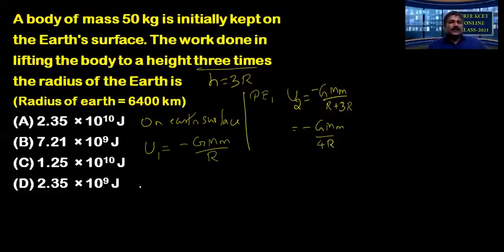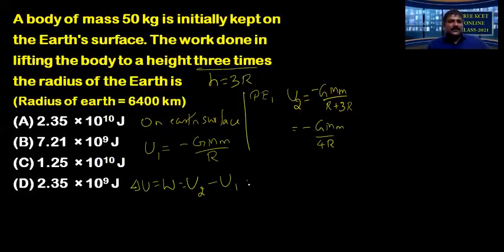Now work done by work energy theorem, we can say work done in lifting the object. So here it is change of potential energy involved, so delta U. So work done equal to delta U, that is U2 minus U1. U2 is more, U1 is less. In the sense magnitude of U1 is more, it means more negative it is; here less negative.